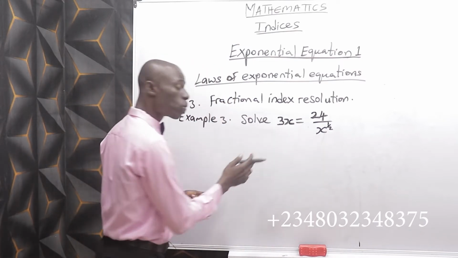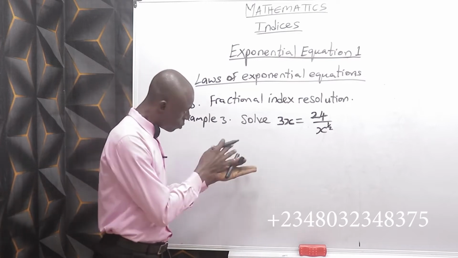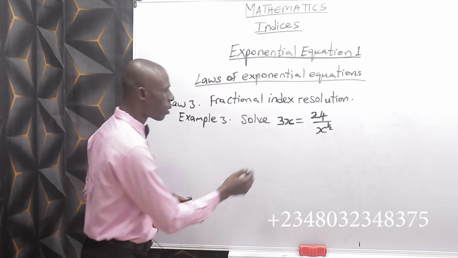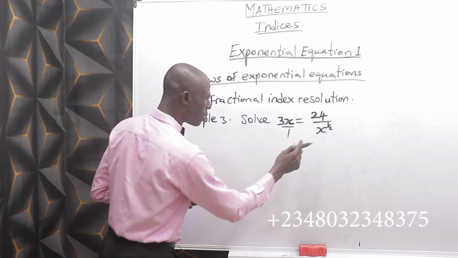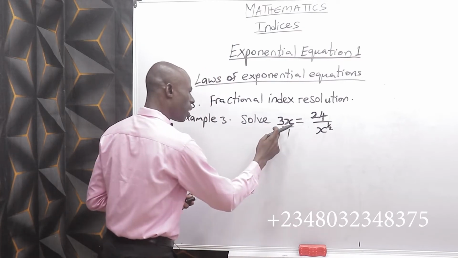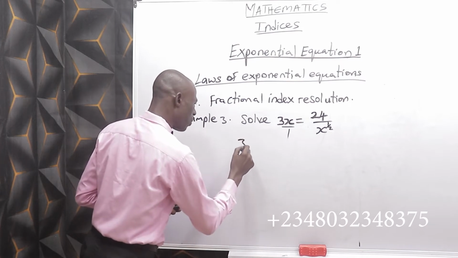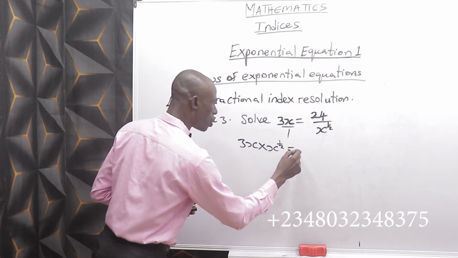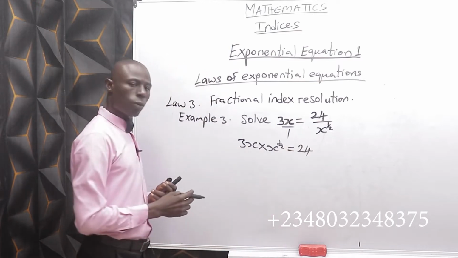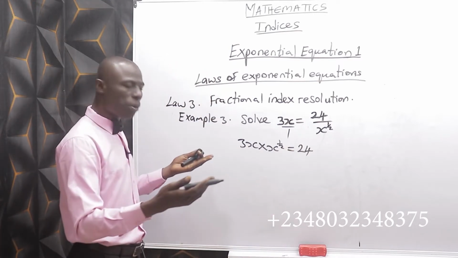In this case, the easiest way is to cross multiply. If you cross multiply here, you have x raised to power half times 3x. So that gives 3x times x raised to power half, which is equal to 24. What do you do next? Divide both sides by 3.